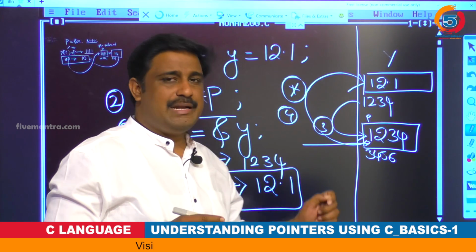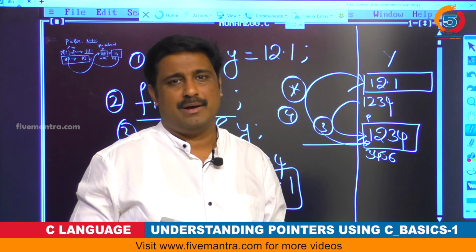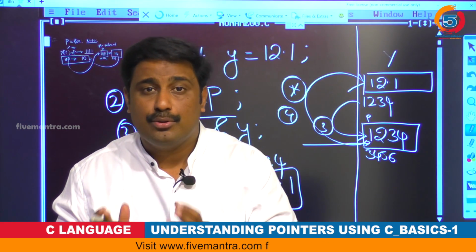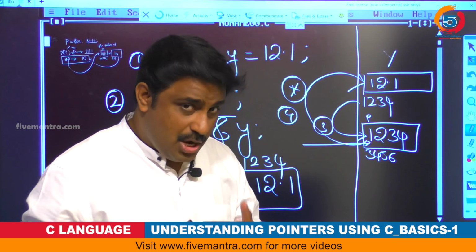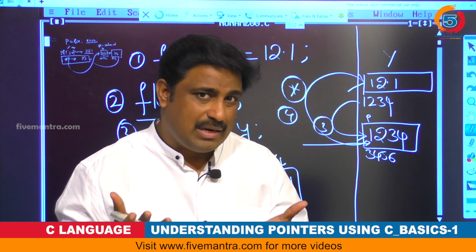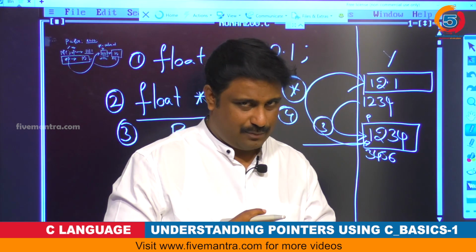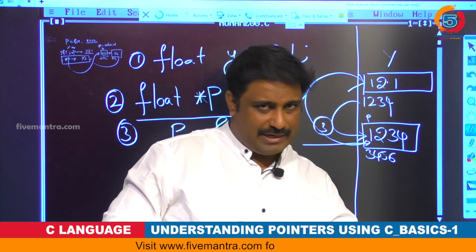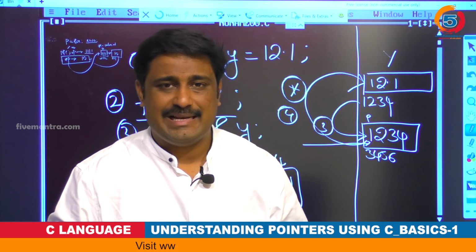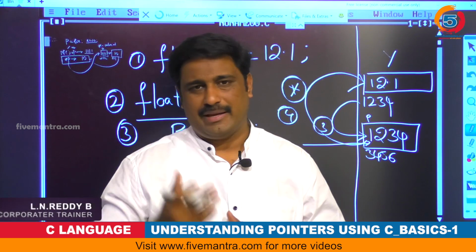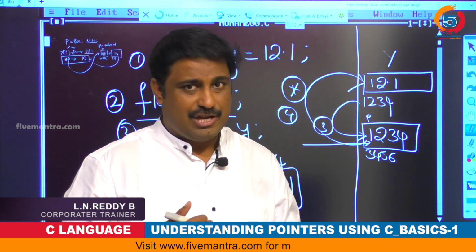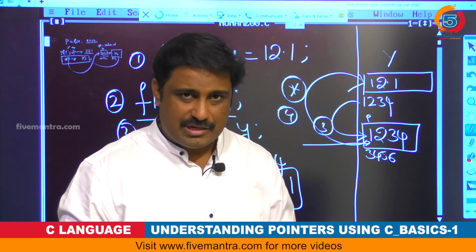The important thing you have to remember is that a pointer variable is nothing but something to hold the address of a variable, right? When I say hold the address of the variable, what is the type of the address? That is the important one. Already I said it doesn't have a negative number, it doesn't have float values, it is only a numeric constant, an unsigned numeric constant. So whenever I say unsigned integer numeric constant, it is an integer type only.